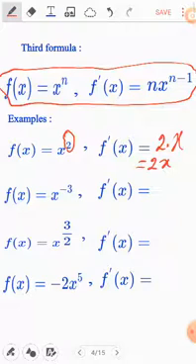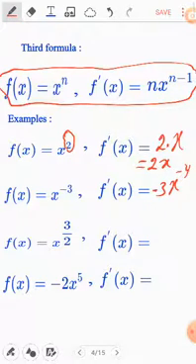Another example: if f of x equals x power minus 3, then the derivative of this function is minus 3, this is n, times x power n minus 1. n is minus 3. Minus 3 minus 1 is minus 4. So it is equal to minus 3 times x power minus 4.